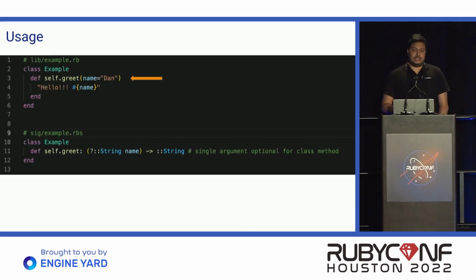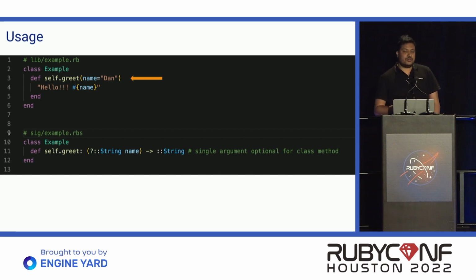Okay, so now let's see in a bit more detail, for different kinds of functions, what kind of RBS sigs we can write. Let's take the first example over here. In this example, we have a method called greet, and this is going to accept an optional argument for the class method.